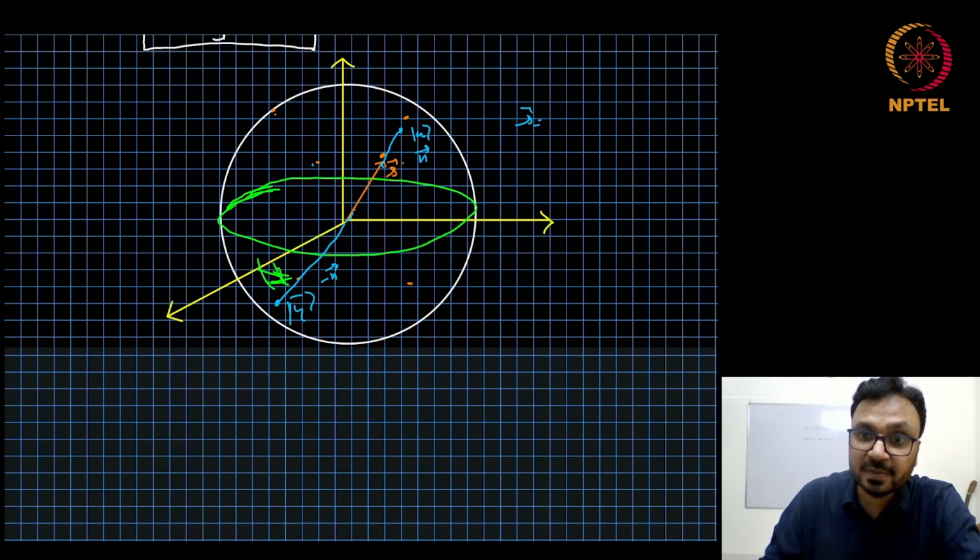Then the S vector can be written as the n vector times p plus 1 minus p times minus n vector. That will be (2p minus 1) times n vector.